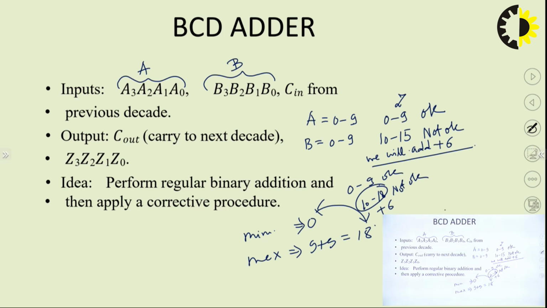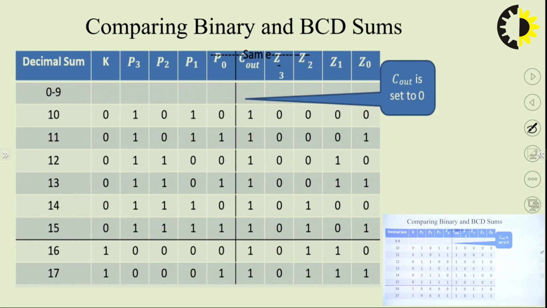Next. So these two lines, I think, are clear. Now next. So here decimal sum is 0 to 9. We are not applying any corrective action.